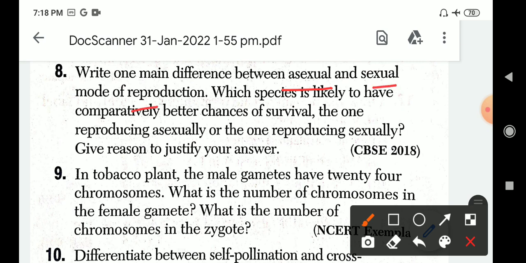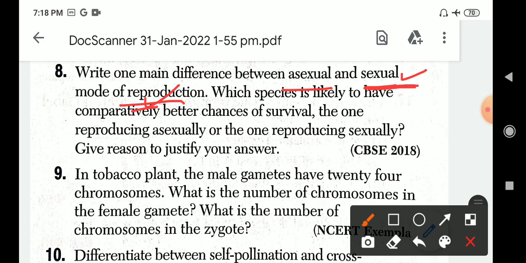DNA of the two parents is mixed, right? It means first copying of DNA takes place in this sexual method. Then gametes are formed. Then they fuse together, and a new individual is formed, right?